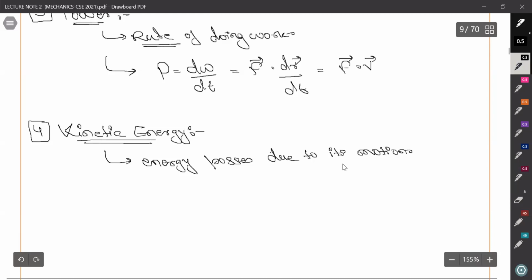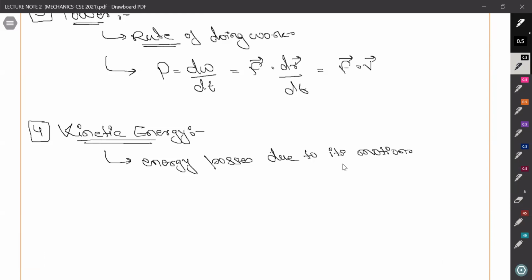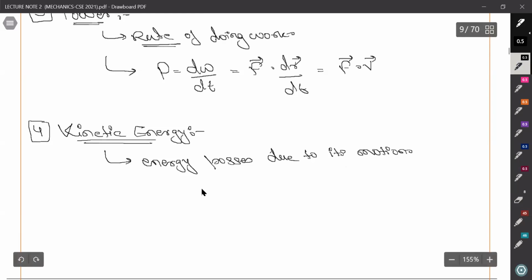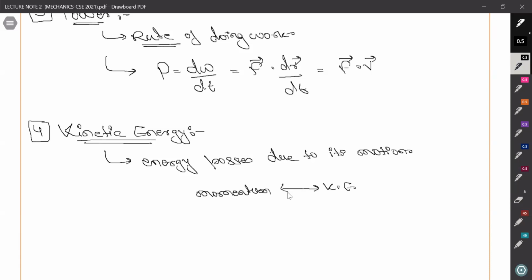If a particle has momentum, it will have kinetic energy. Momentum is related to kinetic energy and kinetic energy is related to momentum. If a particle has kinetic energy, it will have momentum.